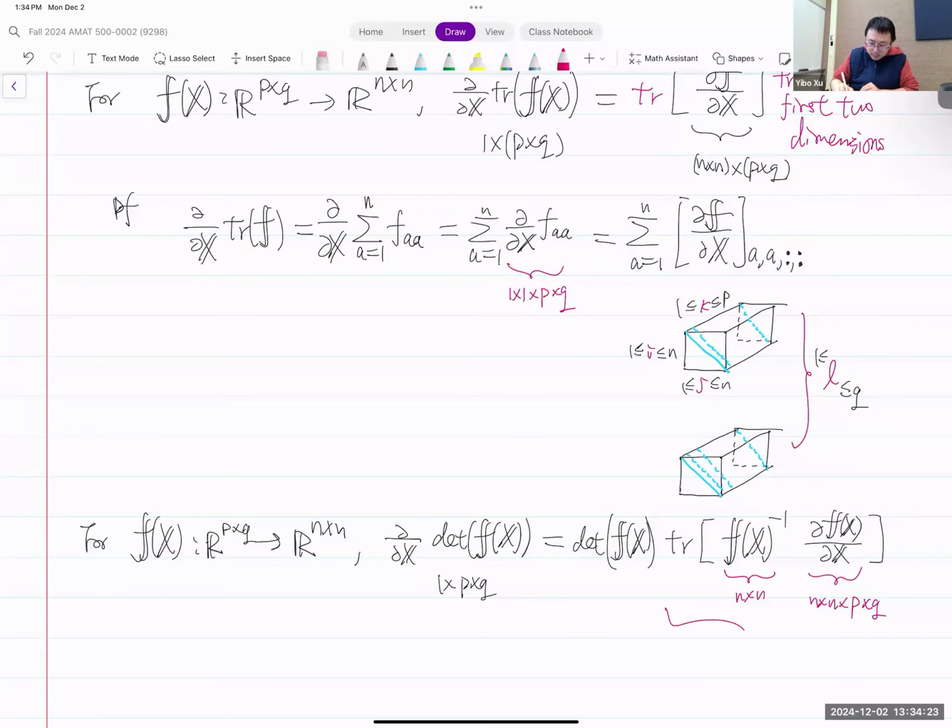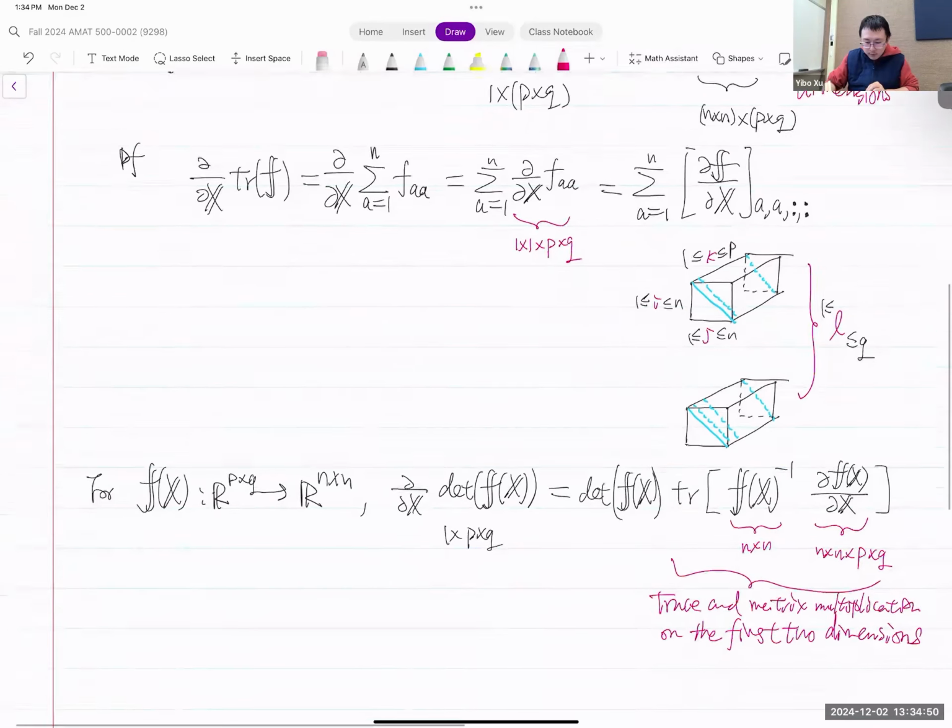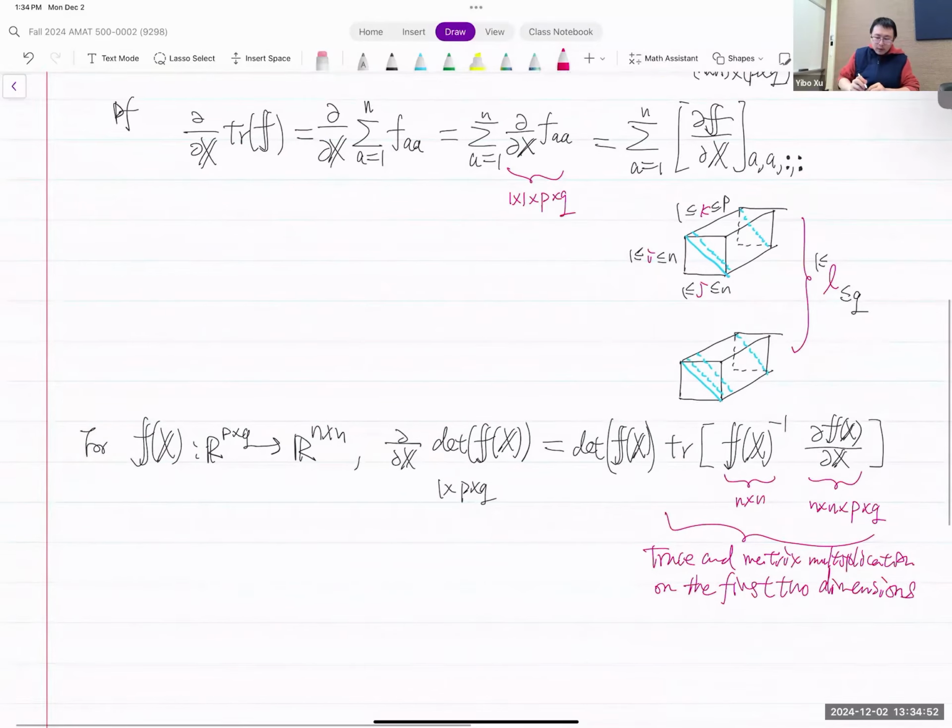So here we have trace and matrix multiplication on the first two dimensions again. Similar to before, but now we have something even more complicated: a matrix multiplying a tensor, still on the first two dimensions.